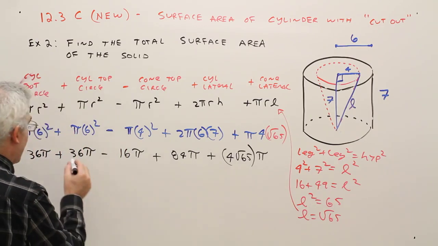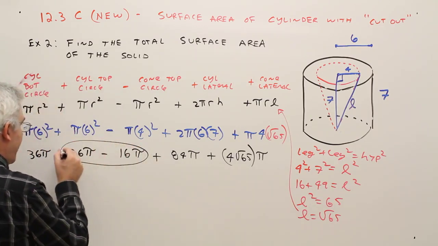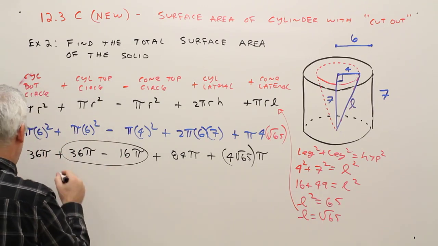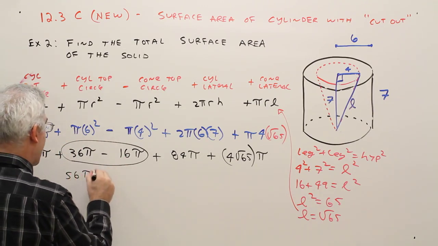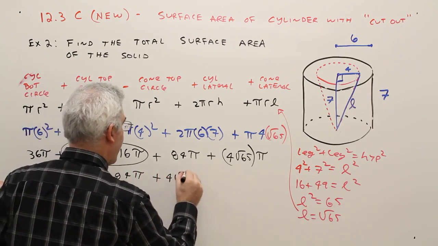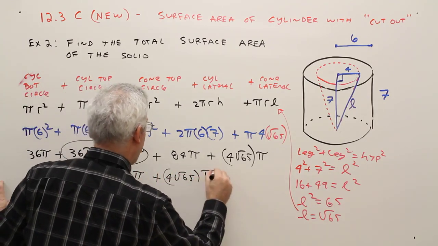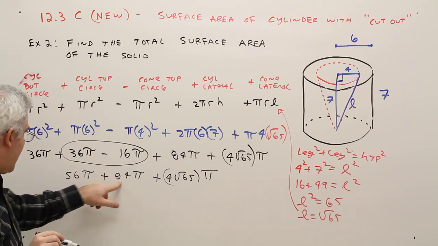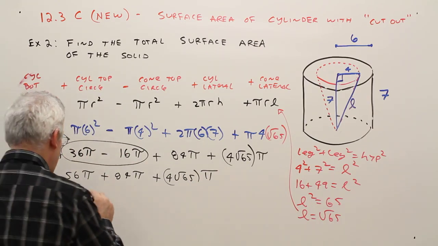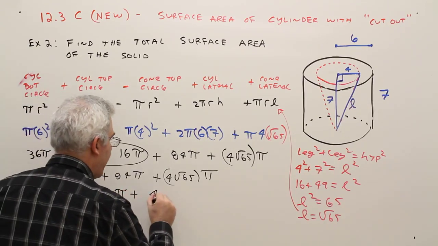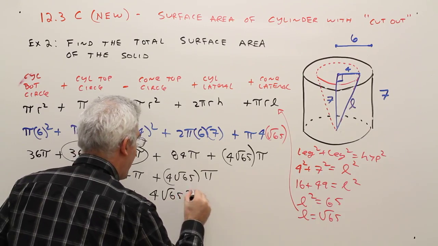All right, I would probably deal with these first. So 36 take away 16 is 20. 20, add that, that's 56 pi plus 84 pi plus 4 radical 65 pi. Add 4, get 60. Add 8, so 140 pi plus 4 rad 65 pi.